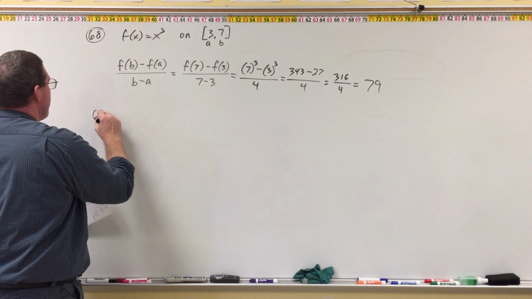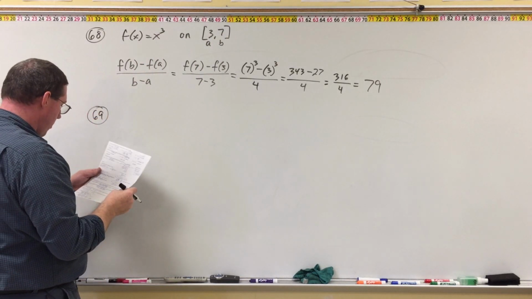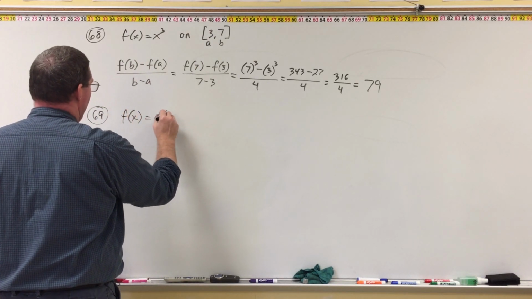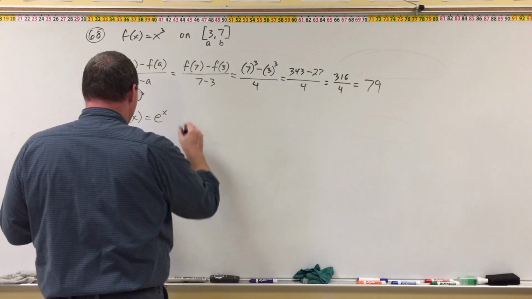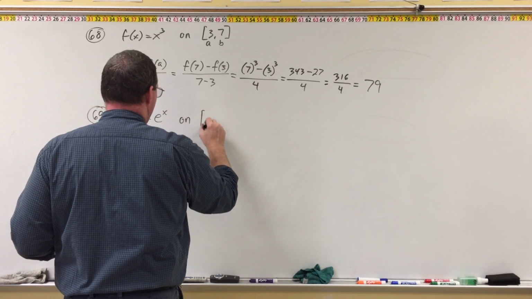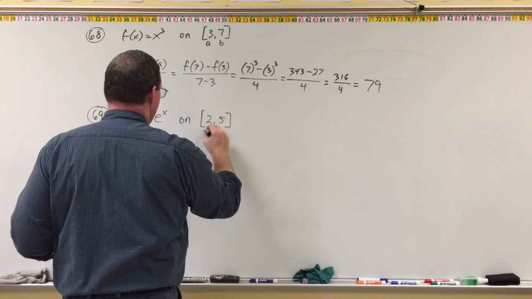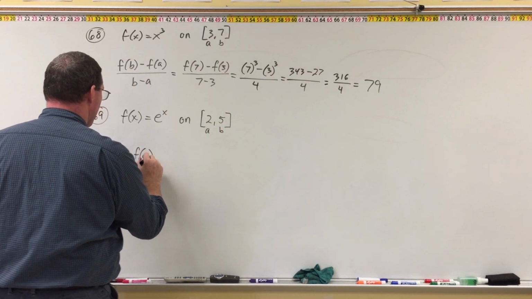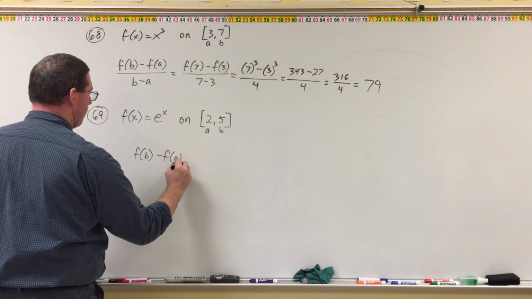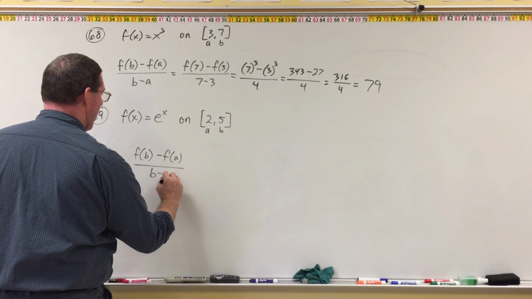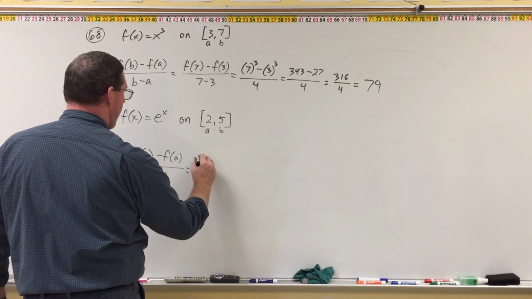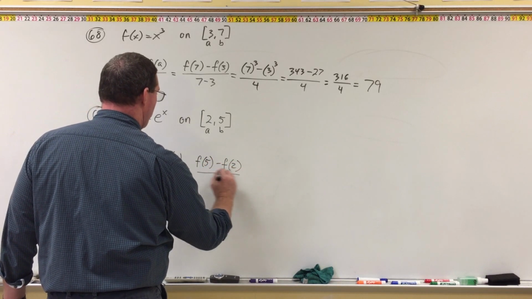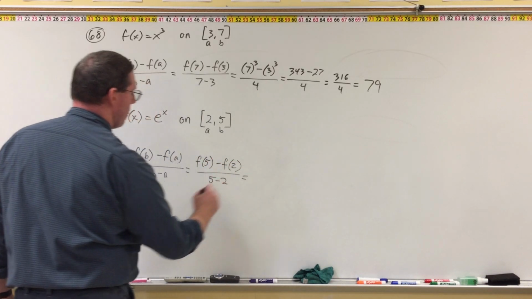And now we'll do question number 69. It says, what is the average rate of change of f of x equals e to the x power on the interval from 2 to 5, where 2 is a and 5 is b. So we have f of b minus f of a over b minus a. So that's going to be f of 5 minus f of 2 over 5 minus 2.